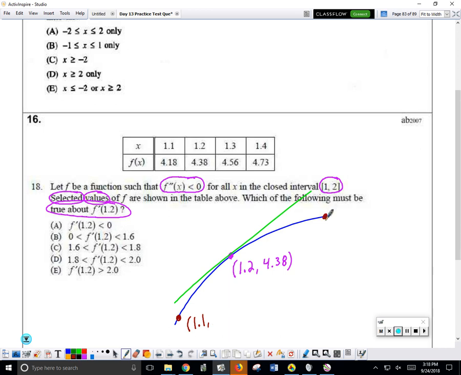I actually do have a question. In the question, it says what must be true about F prime of 1.2. How do you know that it's asking about the tangent slope at that point and not just the actual point? You really don't.